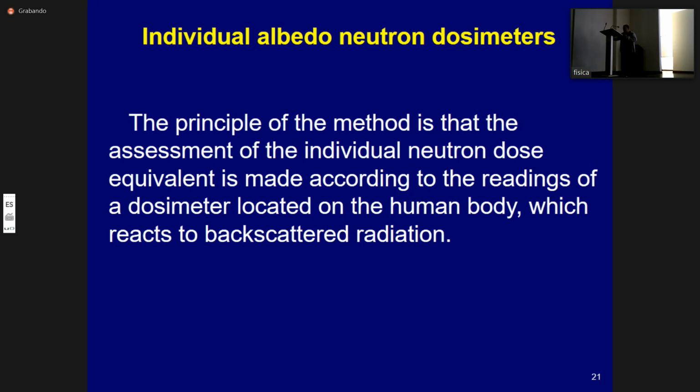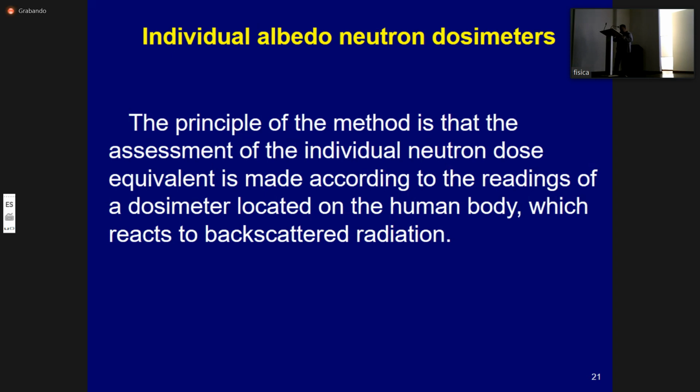As a rule, two dosimeters are used simultaneously, one of which is made of a substance with a high content of lithium-6 and has a large cross section for interaction with thermal neutrons. The other one is made of a substance which is enriched with lithium-7.